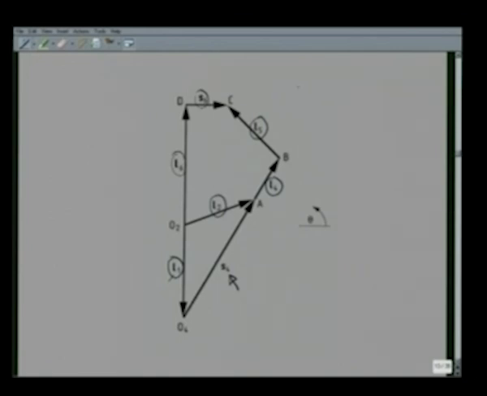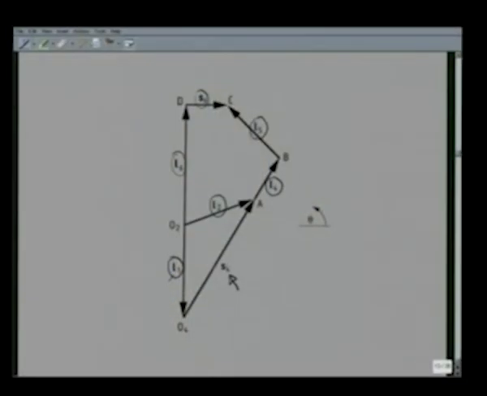Whereas, there are 2 other vectors, namely S4, denoting the distance O4A, which is changing with time. Same is true for S6, which represents the movement of the cutting tool. Here it is DC, represented by the vector S6. And the orientation of all these vectors I represent by angle theta measured from this horizontal line in the anti-clockwise direction.